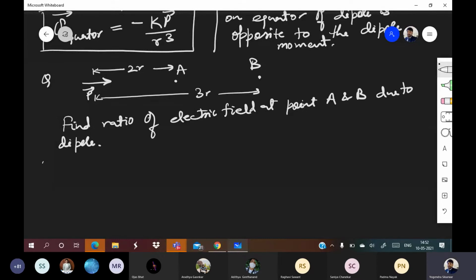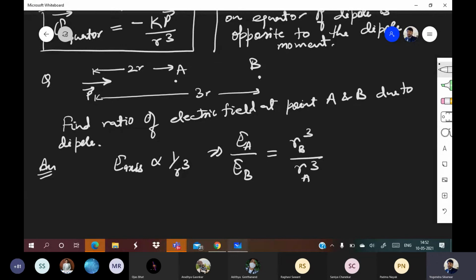Okay, now pay attention. EA, or you can say E axis, because our dipole is same, so we don't need to take P into account. That means EA upon EB is equal to RB cube upon RA cube, right?